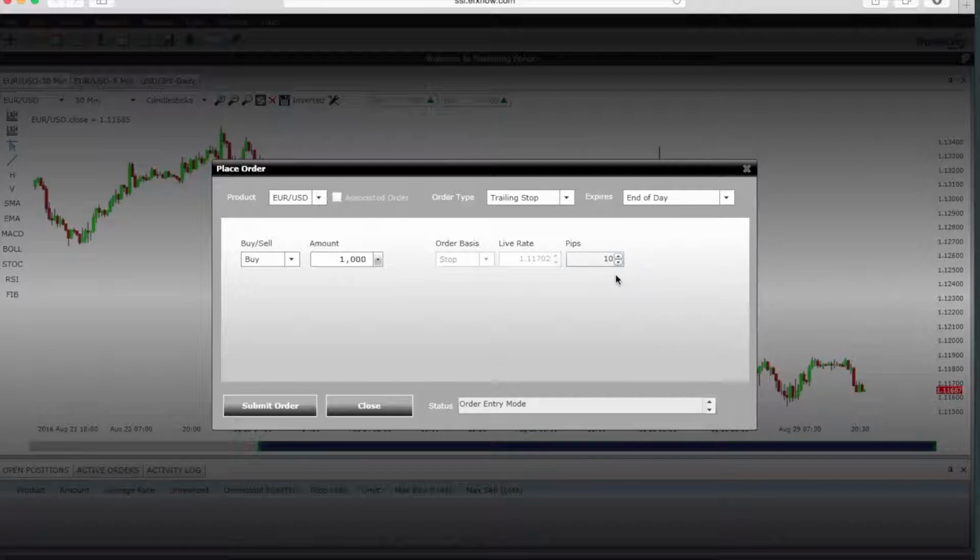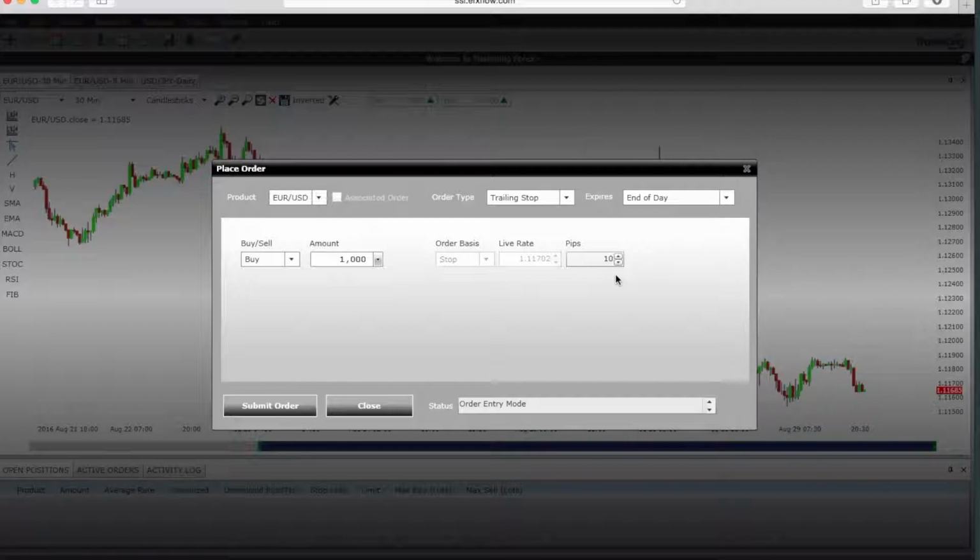Essentially the use for this is if you believe there's upside in a currency, and you want to capture that upside, but on the way up you don't want to give back too much of your unrealized gains. So essentially, as the currency price goes up, your stop loss will trail that price.